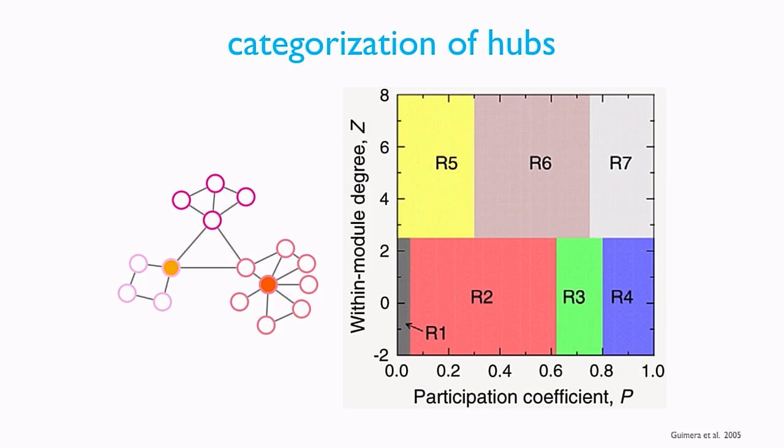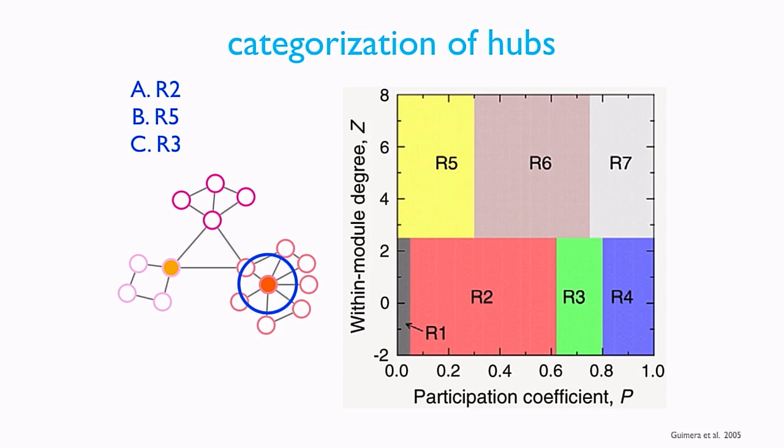So again, if we go back to our toy network, we have all of the module definitions, the 3 modules, and the 2 centrally connected hub nodes, the orange nodes. If we pick this dark orange node, where would it fit into the space spanned by the participation coefficient and the within module degree z-score?